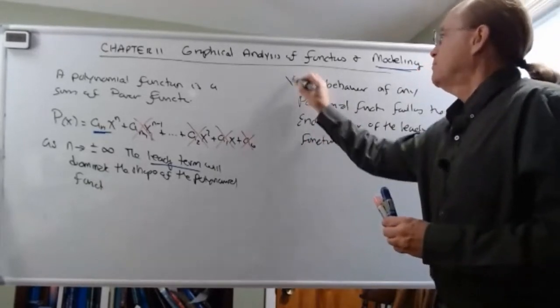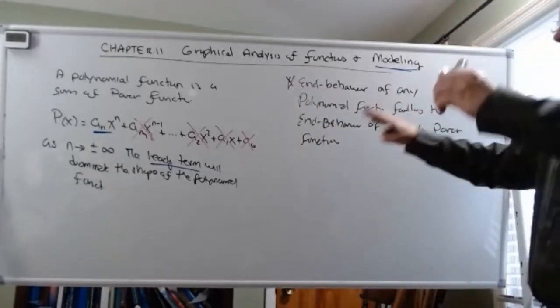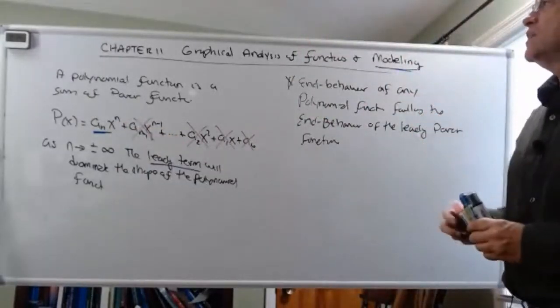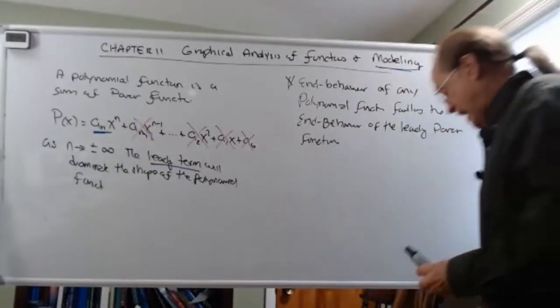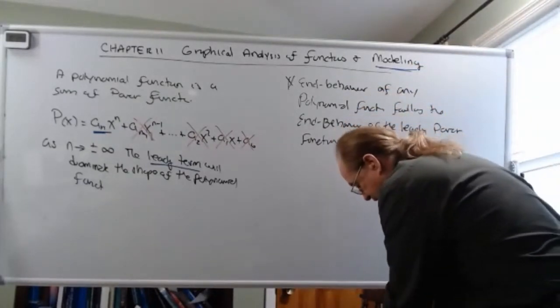So that's an important point. At the ends, it's just these things we ignore. It becomes a power function. Okay. So that's an important aspect when we're examining polynomial functions. What happens in the end behavior?